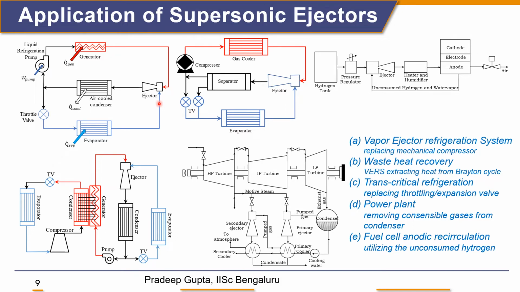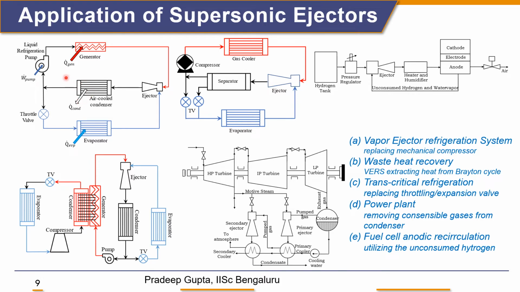Instead of the compressor, we use an ejector, a generator, and a small pump in the VERS system, the ejector refrigeration system, where only the pump requires mechanical power, and the work required for the pump is about 5 to 10% of the work required by the compressor. So using this system, we can reduce the dependency on electricity for refrigeration or cooling purposes.